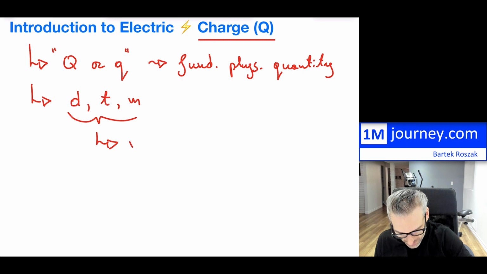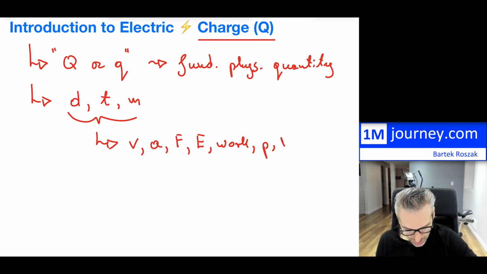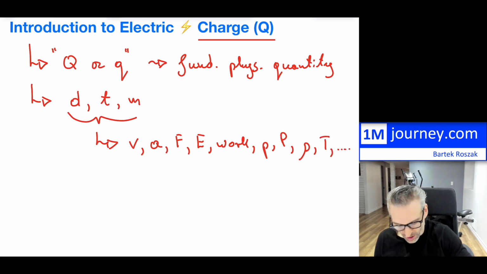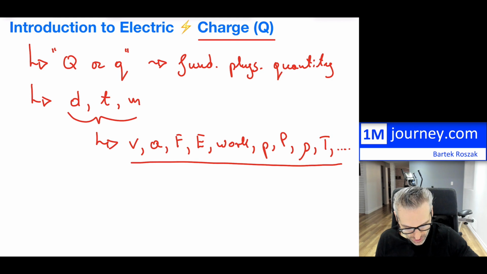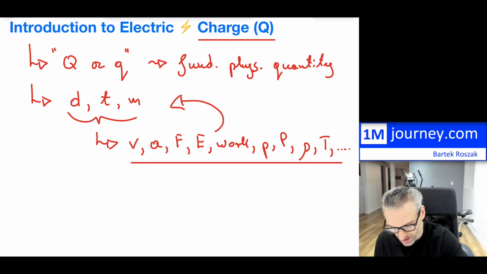So things like speed or velocity, accelerations, forces, energy or work. You can talk about pressures, power, density, temperature, etc. All of these quantities really were derived in one form or another from these fundamental physical quantities, right? So that's what we had.